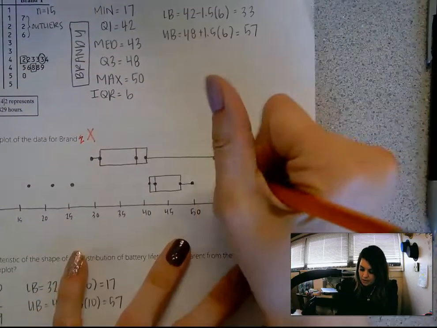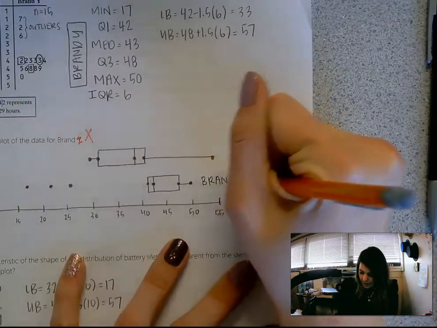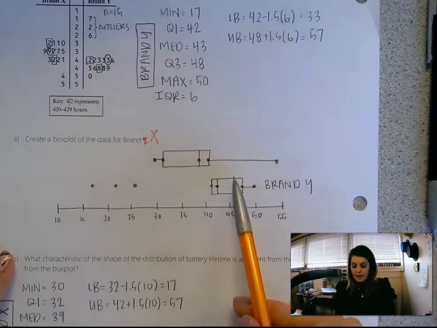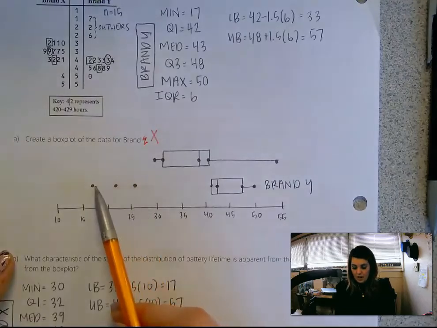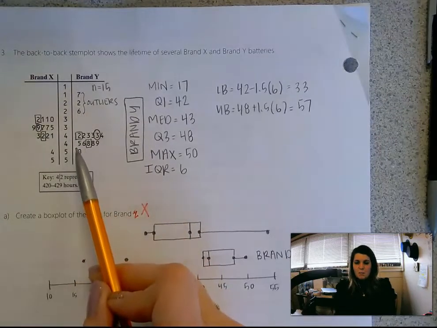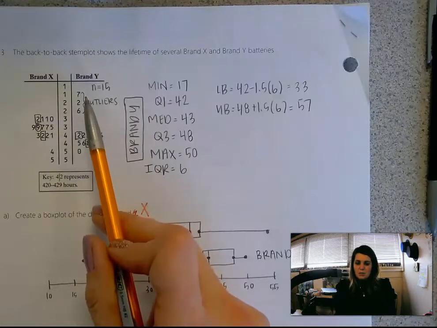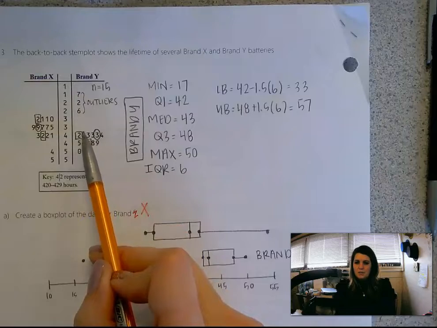What happened was I did the box plot for brand Y. It's shown here below. And he ends up having a bunch of outliers. So all of these values are outliers for brand Y. Well, then the next number is quartile 1. If you take these 3 out as outliers, then this is now quartile 1, not the minimum.